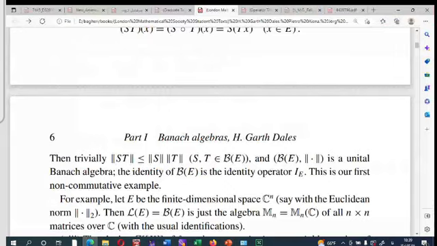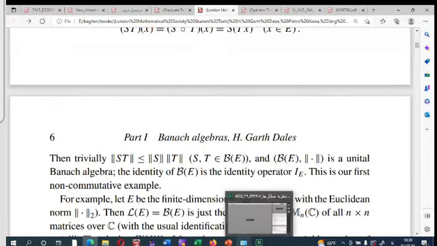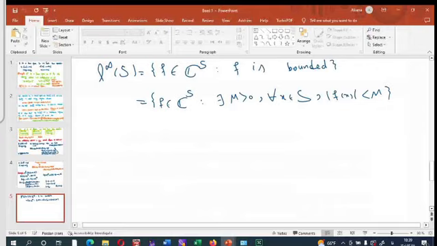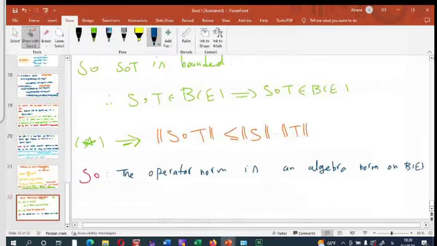And finally, the identity map is the unit in this Banach algebra.